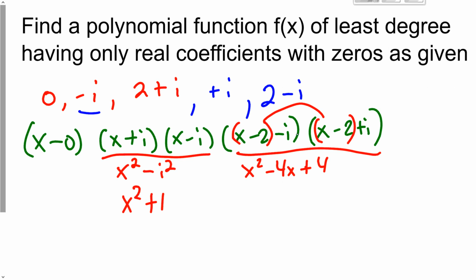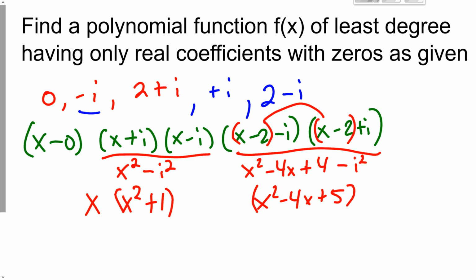And then we multiply last times last, so that's negative i times positive i. That's a negative i squared, which turns to a positive 1. So we get x squared minus 4x plus 4, or sorry, plus 5. Now x minus 0 is just x.